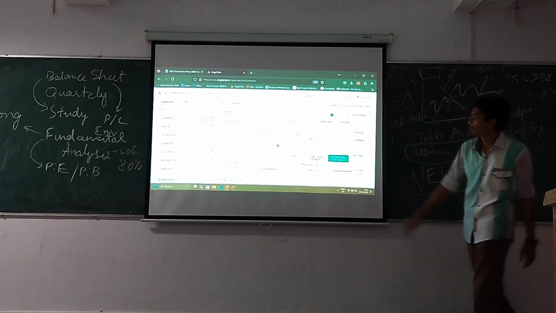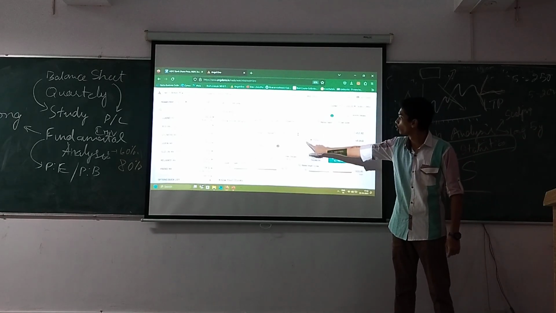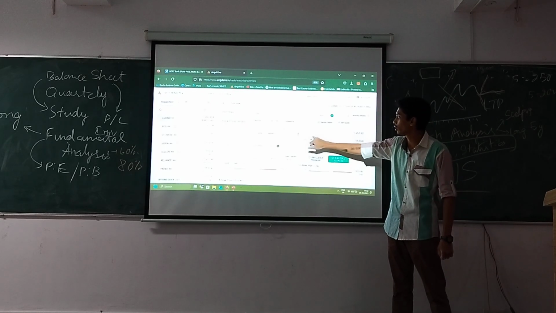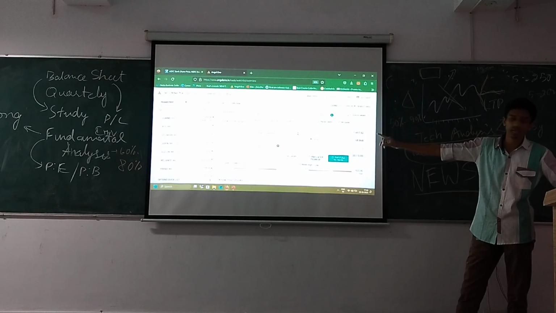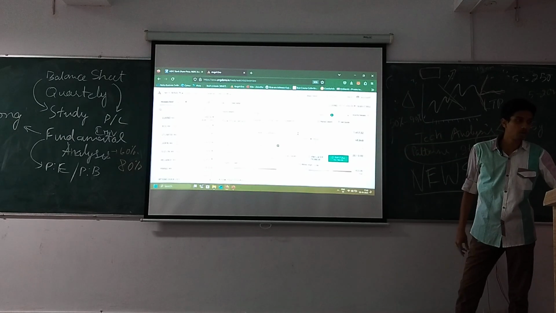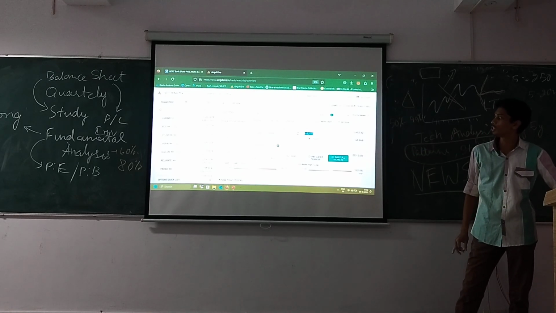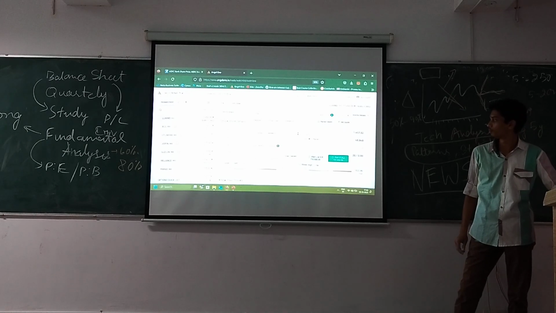Price. You have to enter the price here, but there is a toggle button to differentiate between a limit order and a market order. Since it is a market order, I am not able to enter the price. Whatever is the market price, it will keep executing. Once I toggle this button, it will turn into a limit price. Now I can change the price to 1400. This is a limit order.